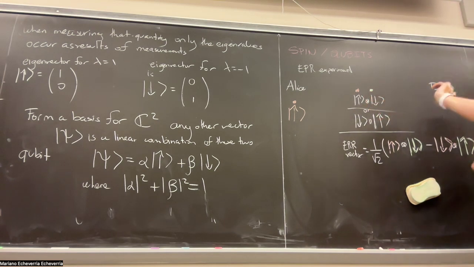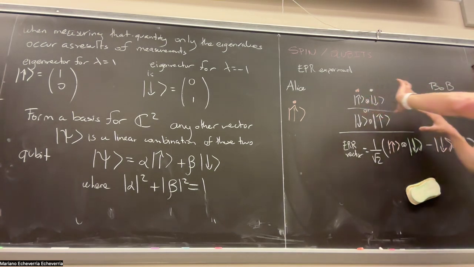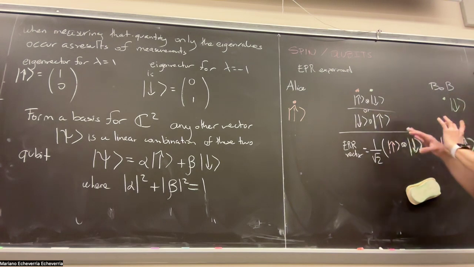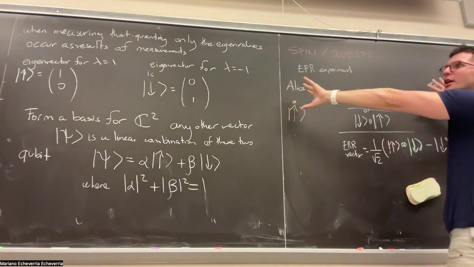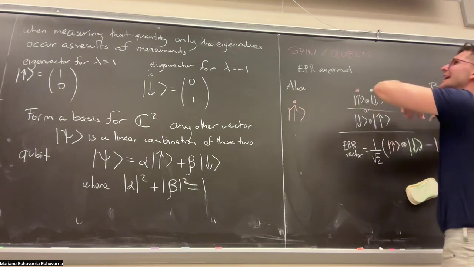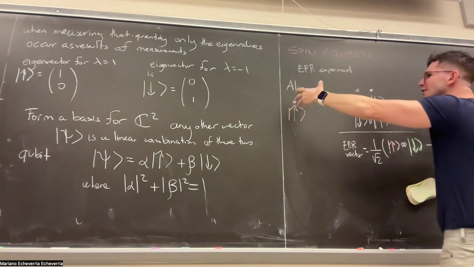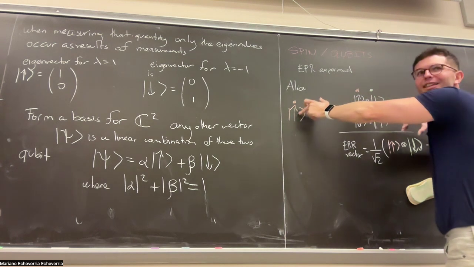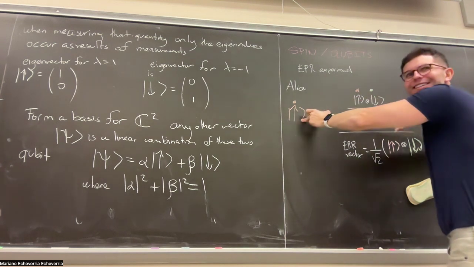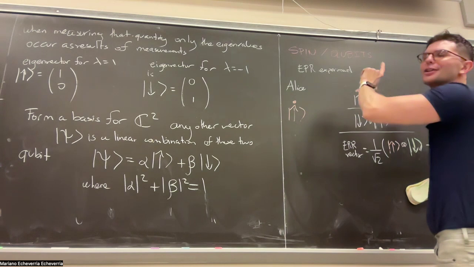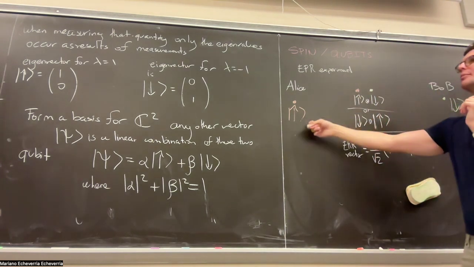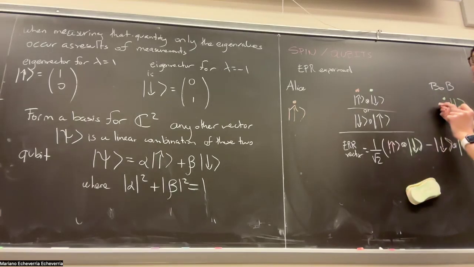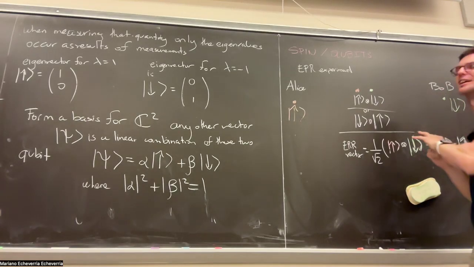So the paradoxical thing, and this has been done in similar experiments, is that you can separate these as much as you like, enough so that light wouldn't be able to travel from here to here. When you do the measurement here, it's light years away, but somehow the change in the state has been instantaneous.